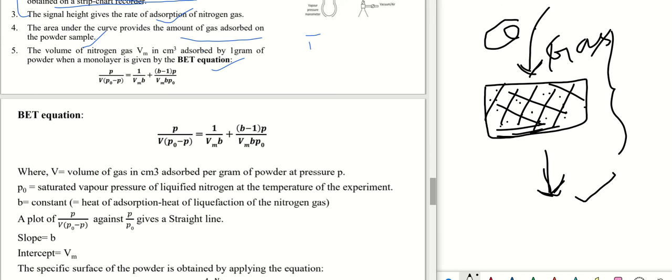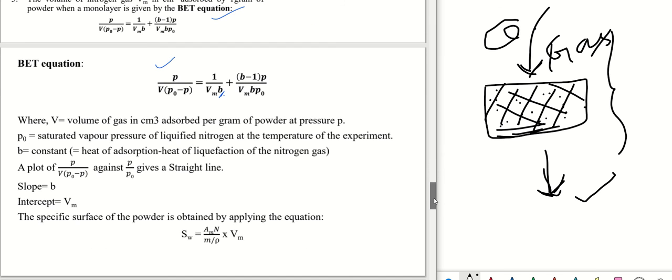The BET equation is given as P by V into (P naught minus P) is equal to 1 by VmB plus (B minus 1) into P by VmB into P naught. B is a constant. Let's see each individual term. That is a very important equation from which we can derive the surface area of a particle.